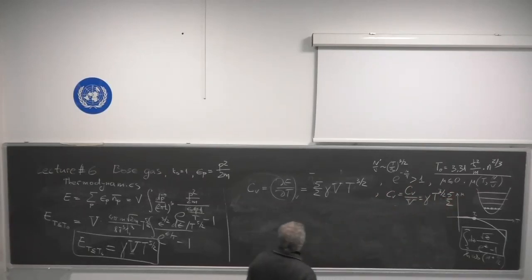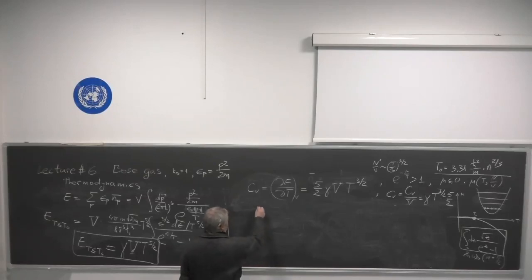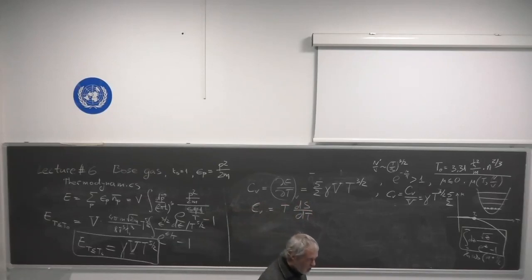Okay, then we know that CV, on the other hand, now let me refer to small c, is T dS over dT, where S is the entropy of the system. So in order to obtain the entropy, which is also an extensive quantity proportional to the volume, we can solve this differential equation very easily.